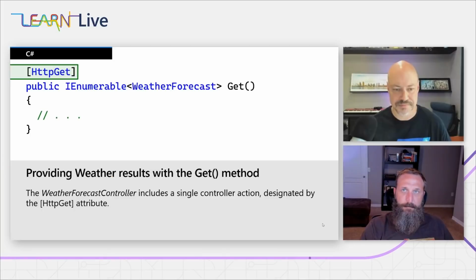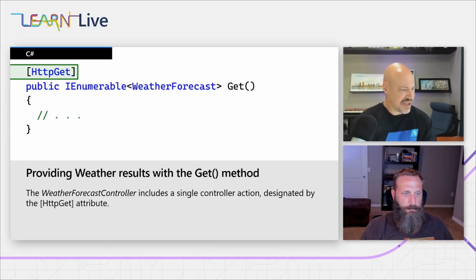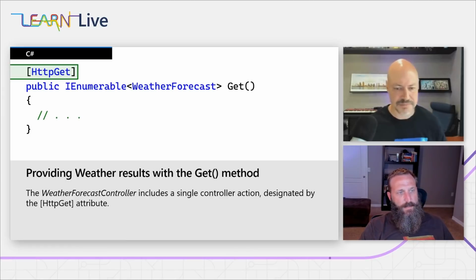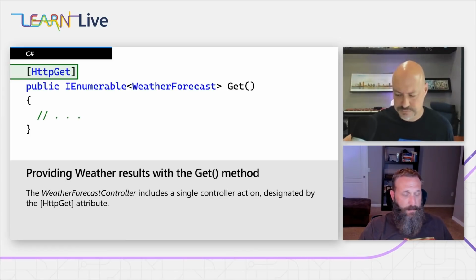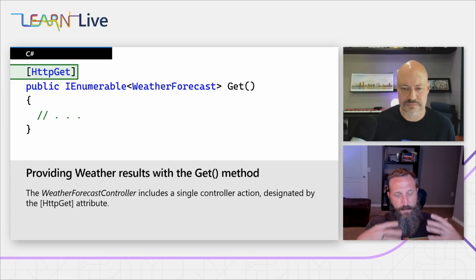Yeah. Cool. All right. And then we've got this HTTP GET attribute. So I would assume that's going to map that HTTP GET verb over to this method. Yeah, and again, it's trying to keep you from having to get caught up in some of the basics of these verbs and implementing them.